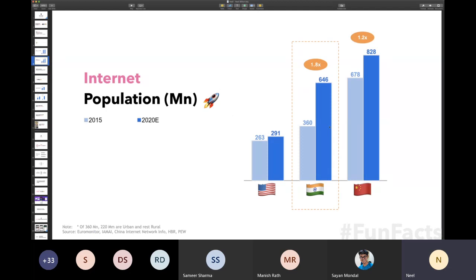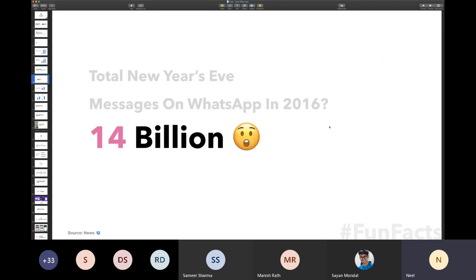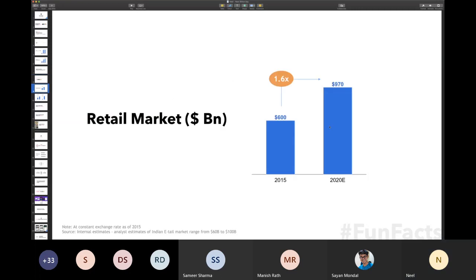This population, which is just 360 million people, sent out around 14 billion messages back in 2016. This just gives you a sense of scale of how big a part internet has been in a country like India, helping people connect with each other and explore the world around them.